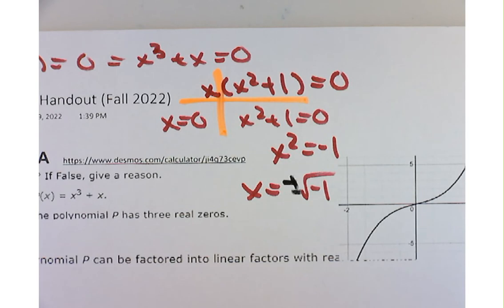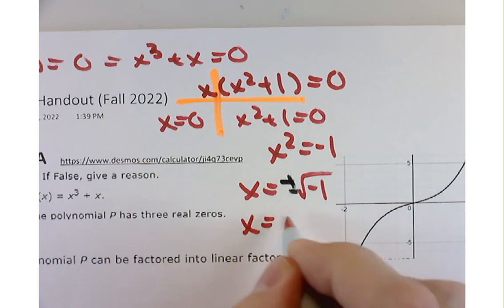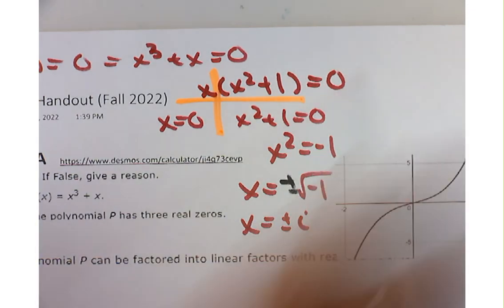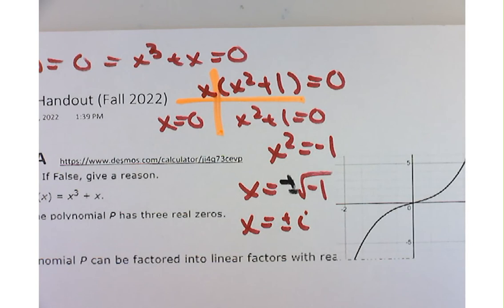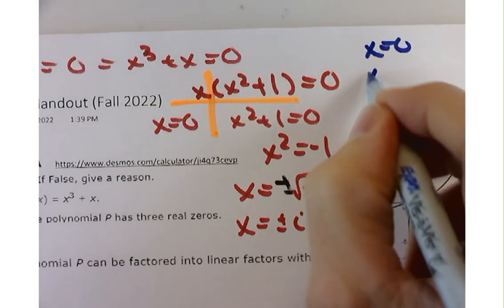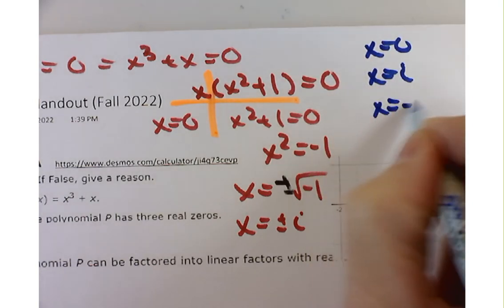What is the square root of negative 1? I. So I get plus or minus I. And if you look at that, I've got a total of 3 solutions: x equals 0, x equals I, and x equals negative I.